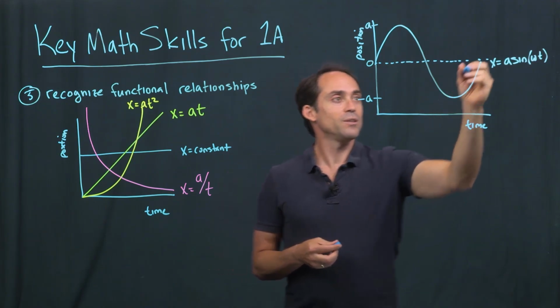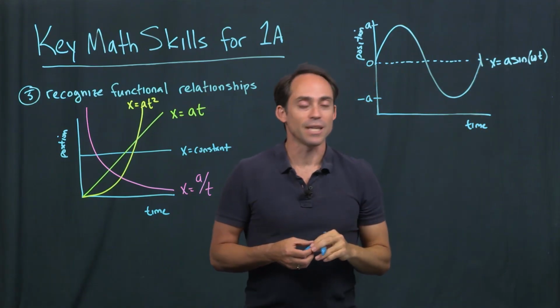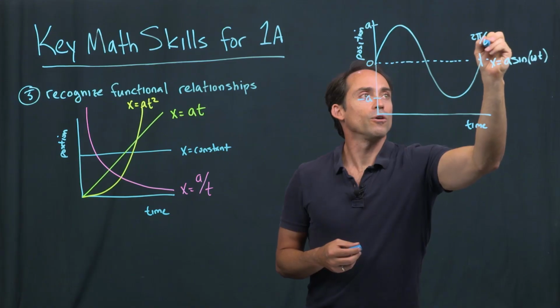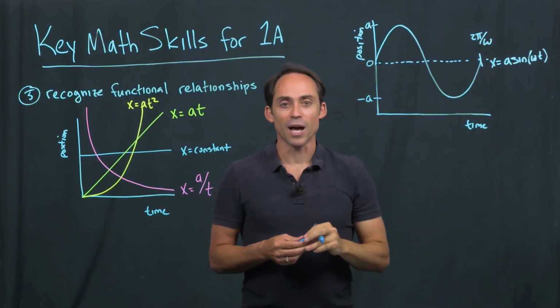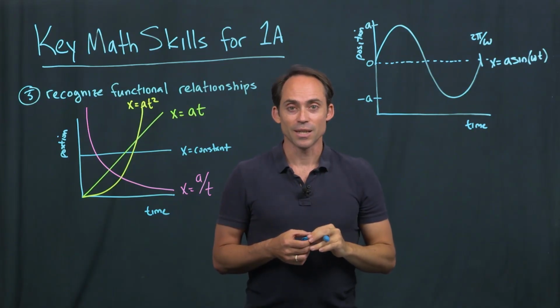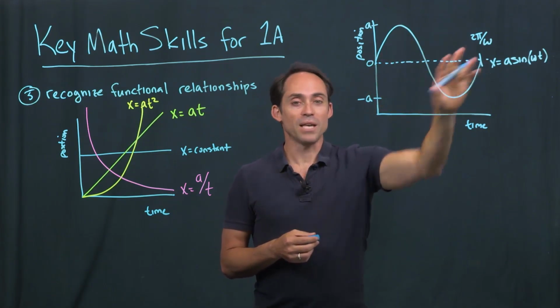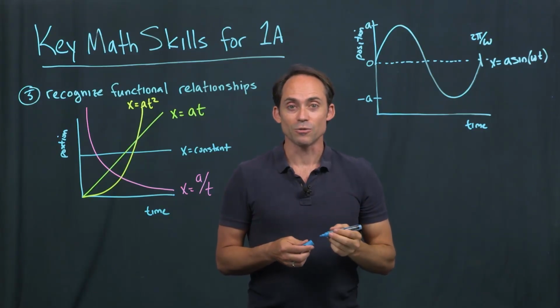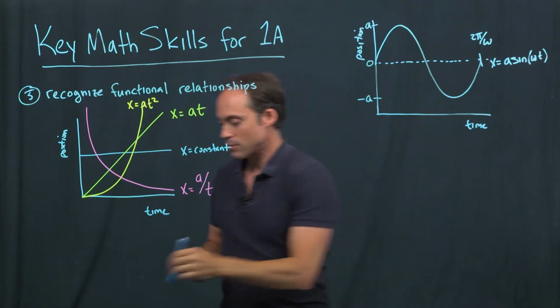And so this point where you get back to 0 again at the end of your cycle is equal to 2 pi over omega, because 2 pi over omega times omega gives us just 2 pi, and that's a full cycle. So with just some basic mapping of the curve, we can write down in detail what the functional form of this relationship is.